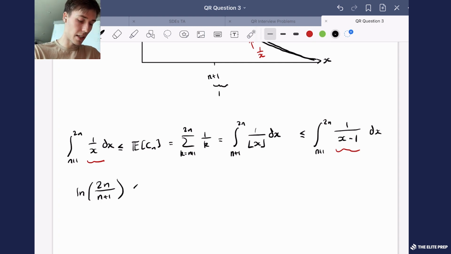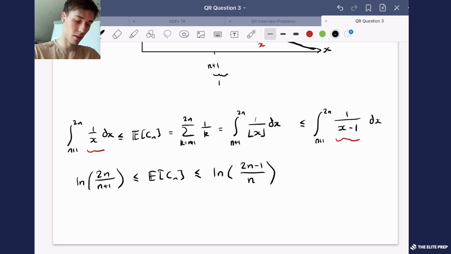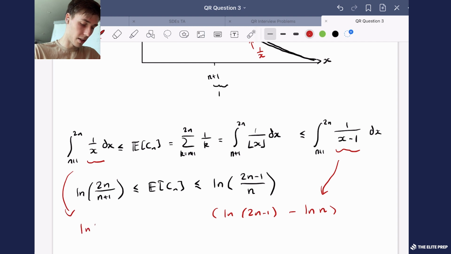This is less than or equal to the expectation of Cn, and that's less than or equal to log of 2n minus 1 over n, because we had log 2n minus 1 minus log n from this integral. And we had here log 2n minus log n plus 1 from that integral there.